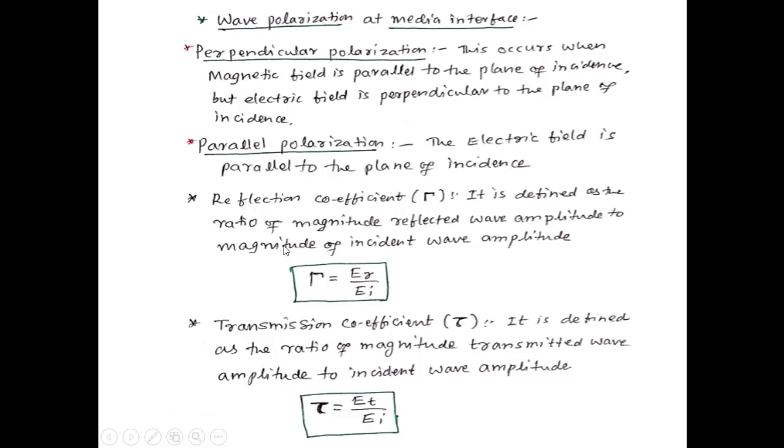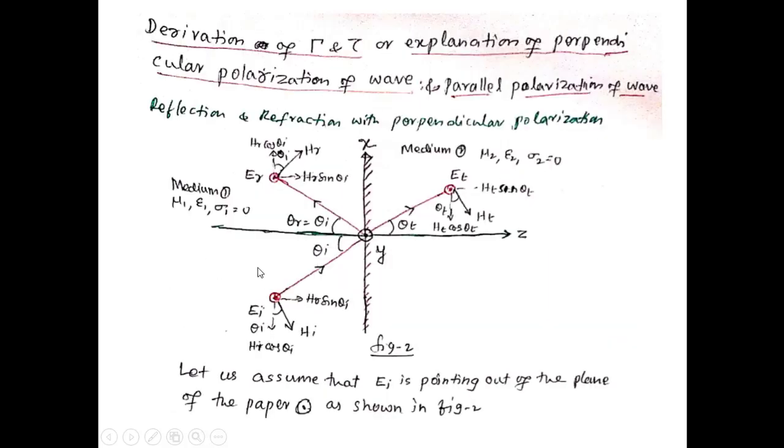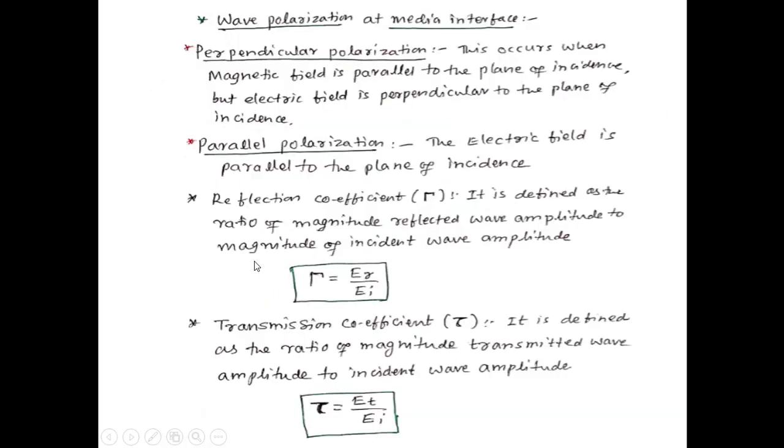So we can define the terms reflection coefficient and transmission coefficient. Reflection coefficient gamma is defined as the ratio of the magnitude of reflected wave amplitude to the magnitude of the incident wave amplitude. So gamma is given by magnitude of reflected wave ER divided by magnitude of incident wave EI.